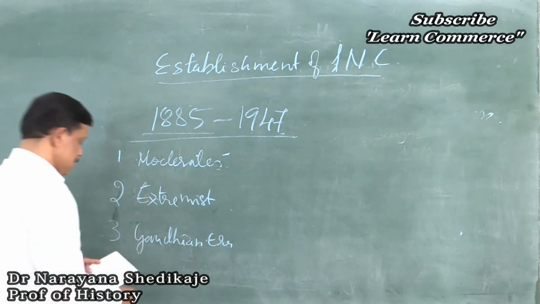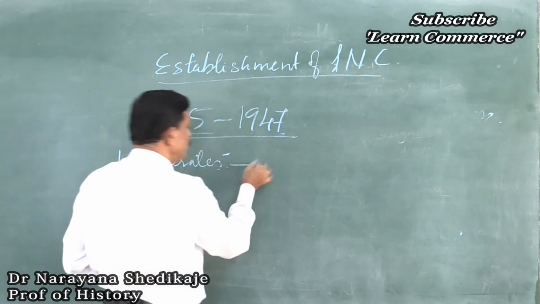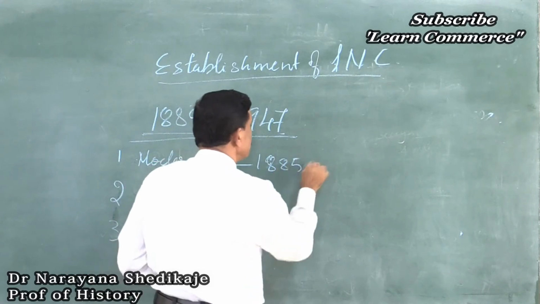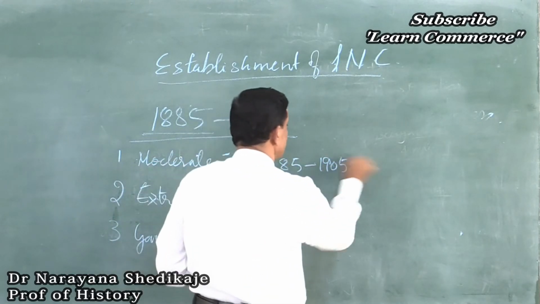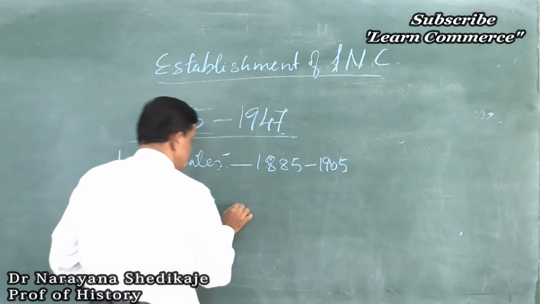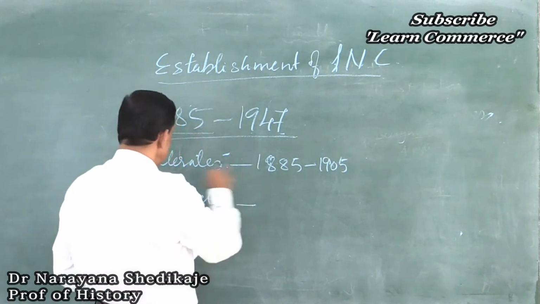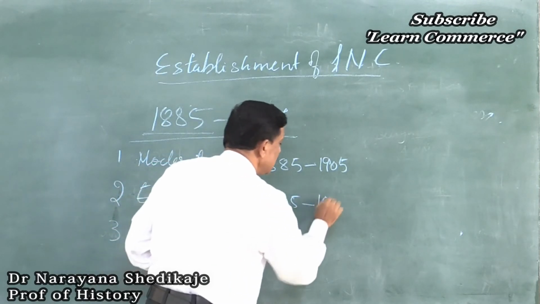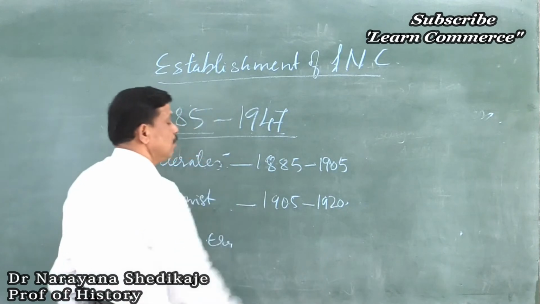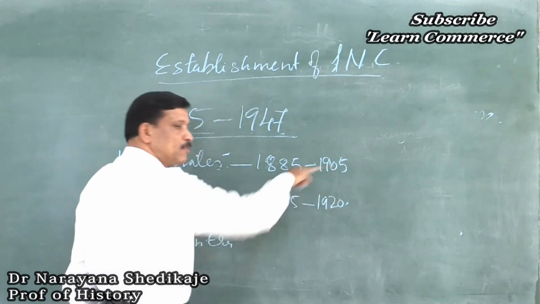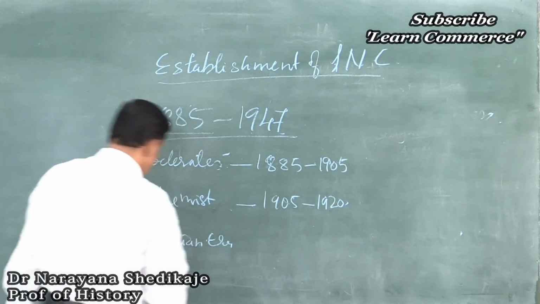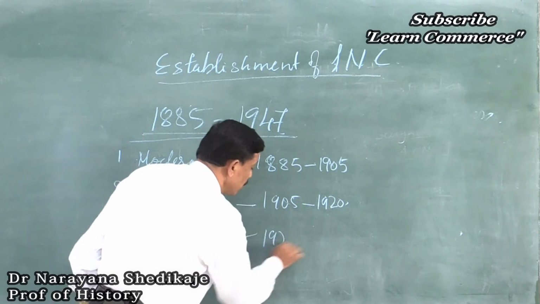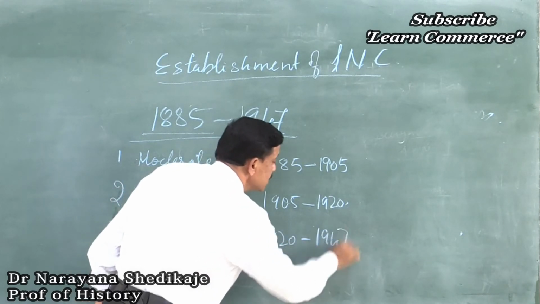The moderates led the movement from 1885 to 1905, whereas the extremists came after the moderates, from 1905 to 1920. In 1920, Gandhi became the president of the Indian National Congress, and after that the Gandhian era ran from 1920 to 1947.